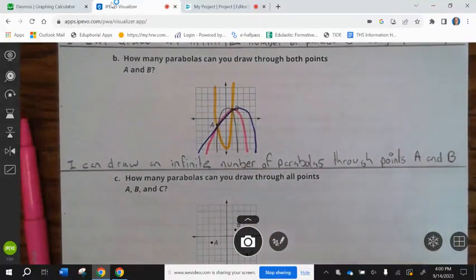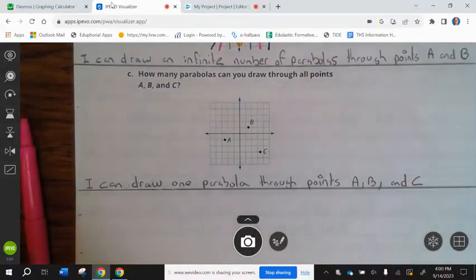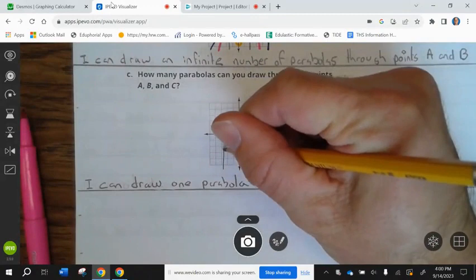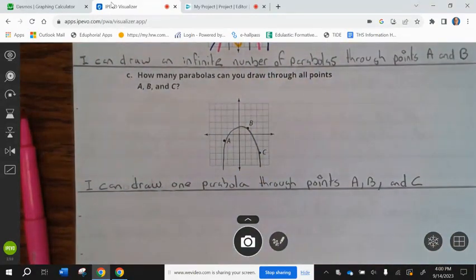I can draw an infinite number of parabolas through points A and B. How many parabolas can you draw through all points A, B, and C? I can draw one parabola through points A, B, and C. All right, finish up that page.